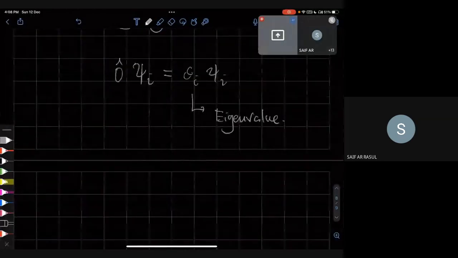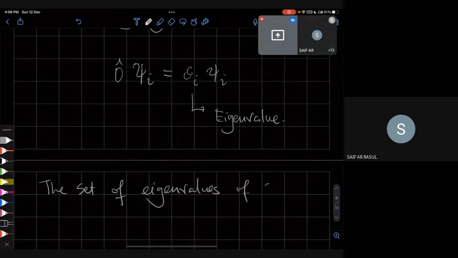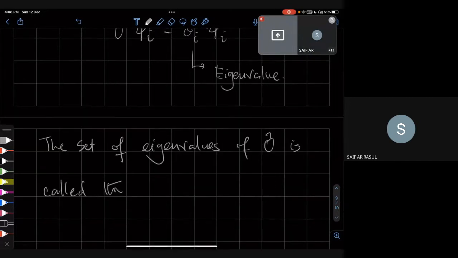So the set of eigenvalues of O is called the eigenvalue spectrum.